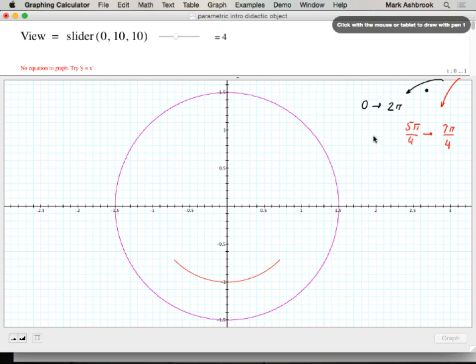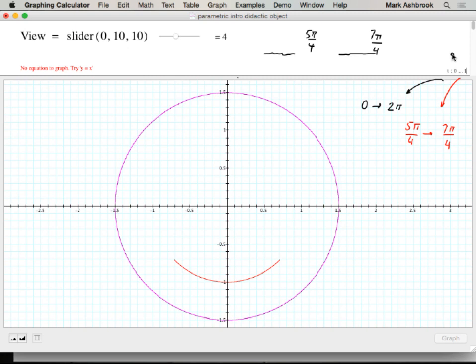When t is 0, let's do it for this one. When t is 0, we want to get 5 pi over 4, and we're going to have 7 pi over 4 in there. And when t is 1, we want it to be 7 pi over 4. So how would that work? When t is 0, I want to get 5 pi over 4.